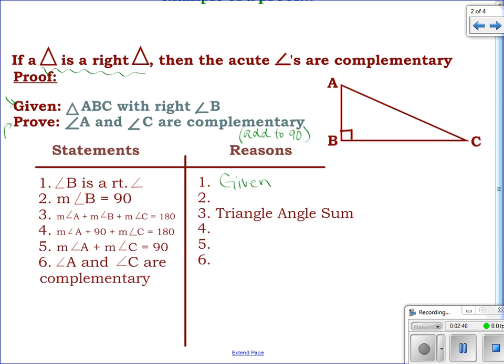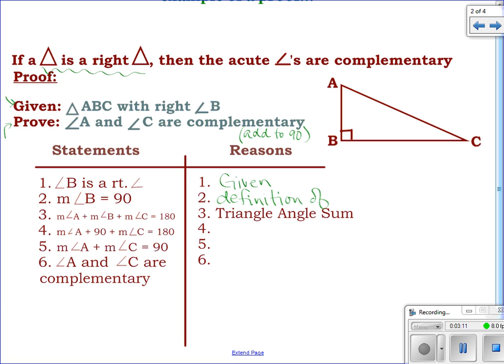No, duh isn't the reason, but good try. Anytime you have something that seems like it's saying the same thing, what we're really talking about is the definition of that thing. So what is the definition of a right angle? That it equals 90 degrees, right? So that is the reason right here. So anytime we have something obvious like that, it's definition of and then whatever you're talking about.